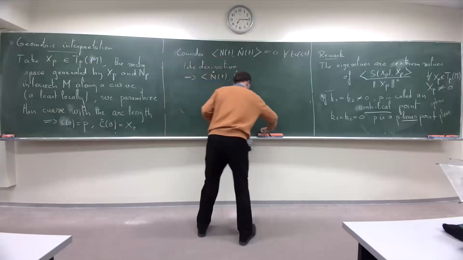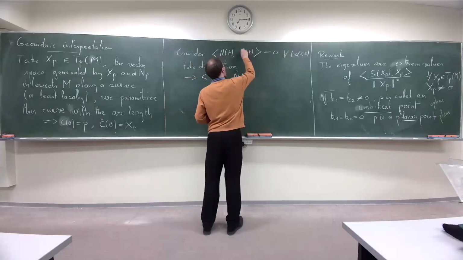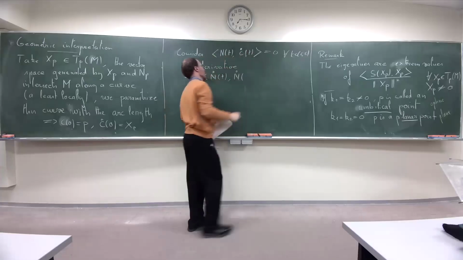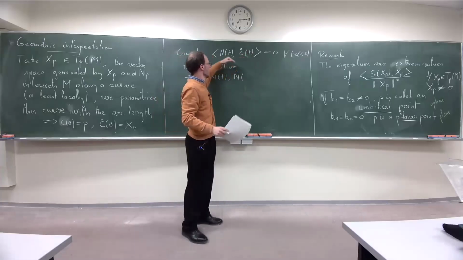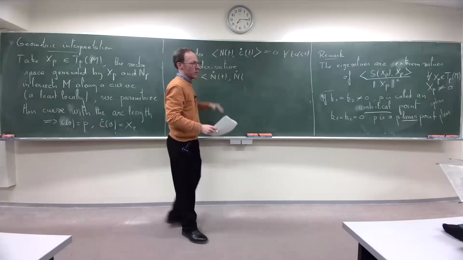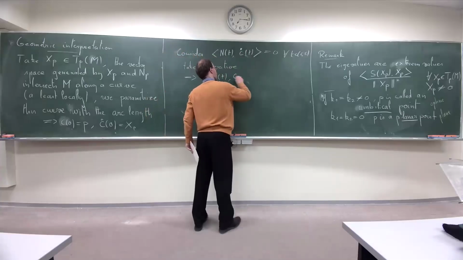Oh, no, sorry, I made a mistake. This is c dot, but it's the same. This one is in the tangent plane. This one is perpendicular. So it's still 0. Sorry. So now I take this derivative with respect to time.